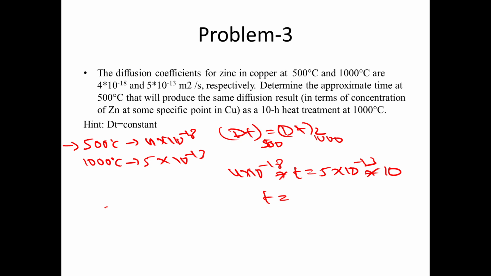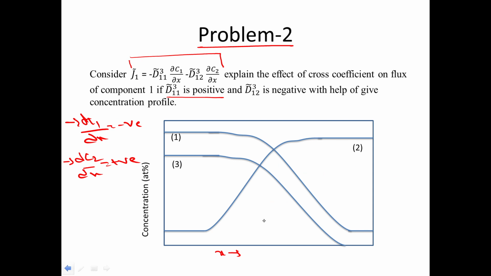What's the importance of the cross coefficient? What's the importance of the main coefficient? How are these concentration profiles read completely?